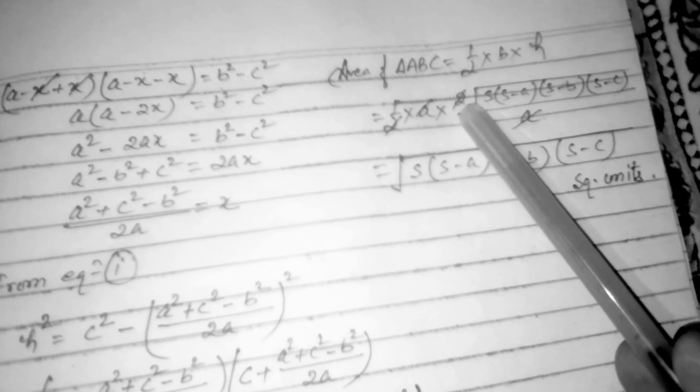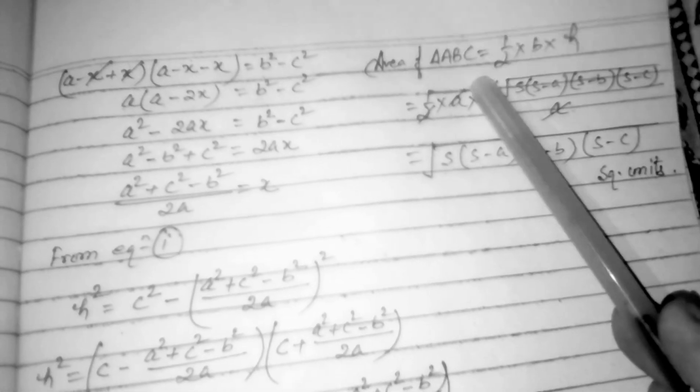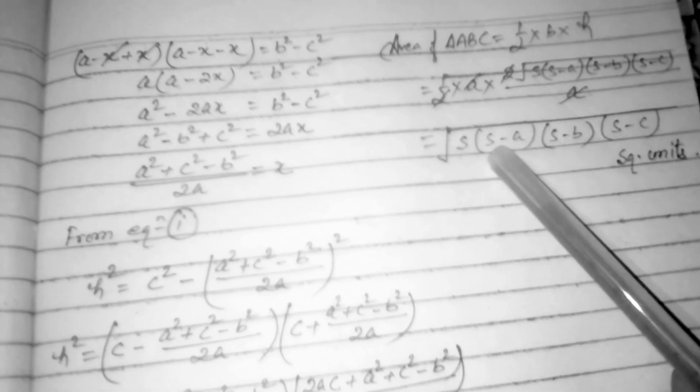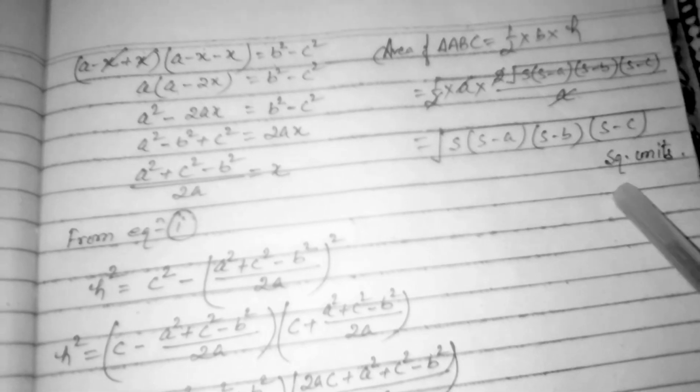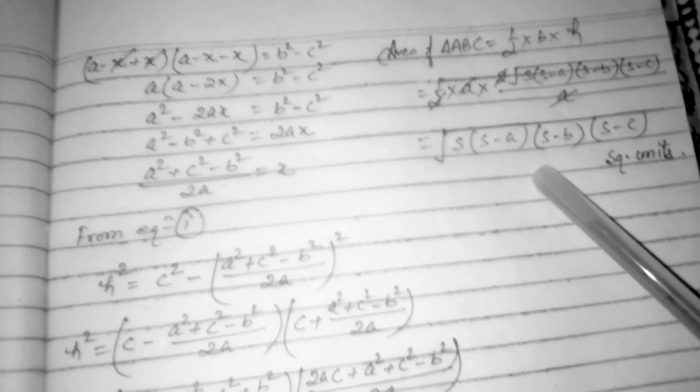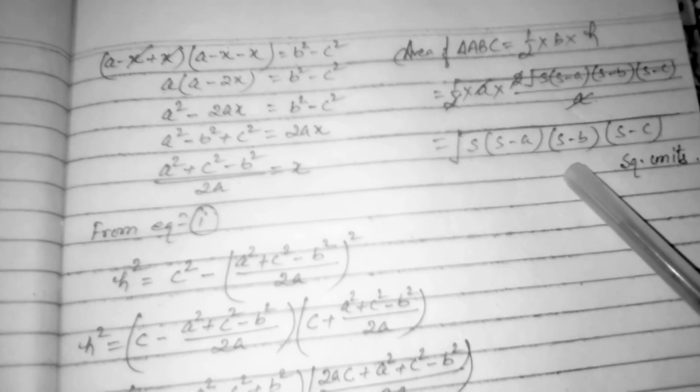Then in place of base we just put a, and in place of height we just put 2 bracket s under root s minus a, s minus b, s minus c upon a. Then a will be cancelled out, 2 will be cancelled out, then it will be under root s minus a, s minus b, s minus c square units. This one is known as Heron's formula or Hero formula.